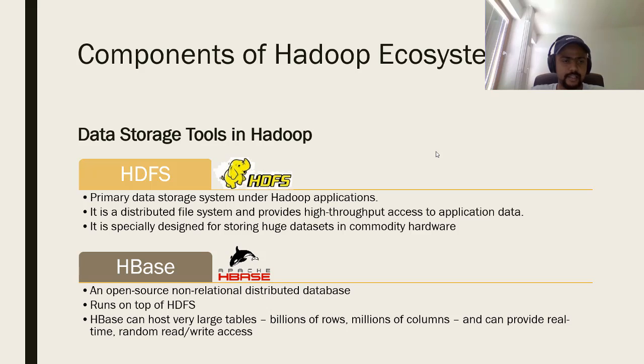The second data storage is HBase. It's an Apache project and it's an open source platform, and it's basically a non-relational distributed database. Now, if you remember in the previous slide, we talked about Sqoop, which can be used to transfer data between relational systems and Hadoop.